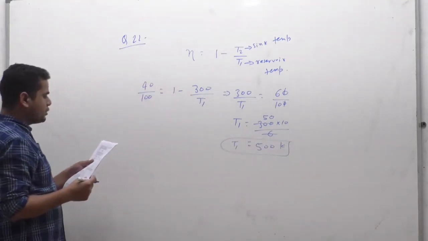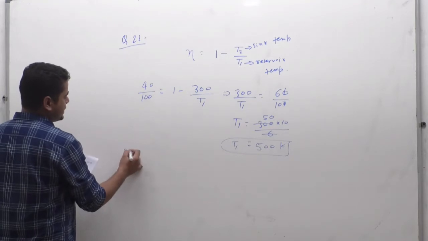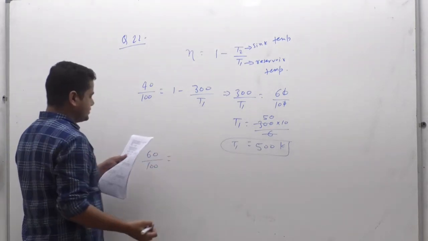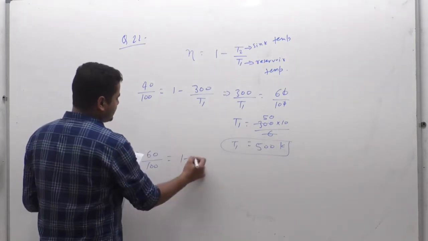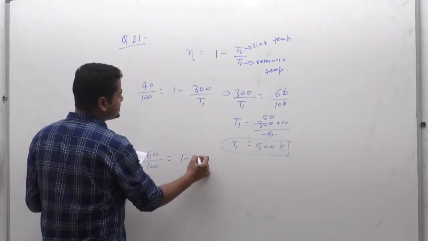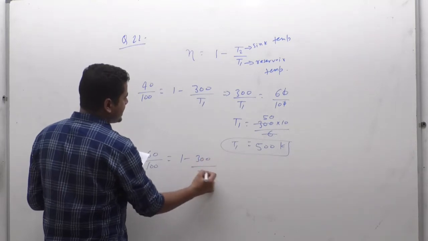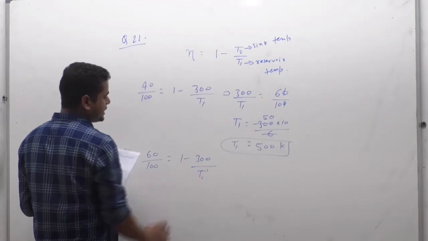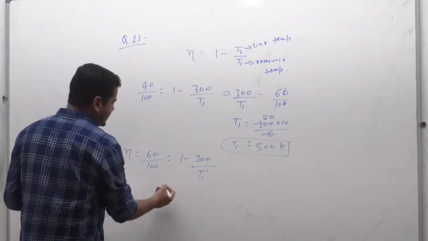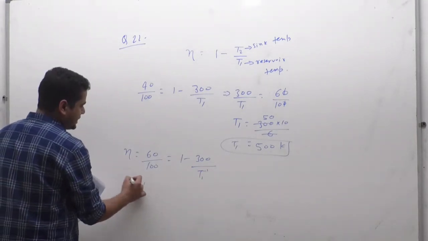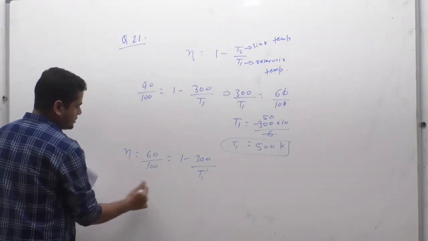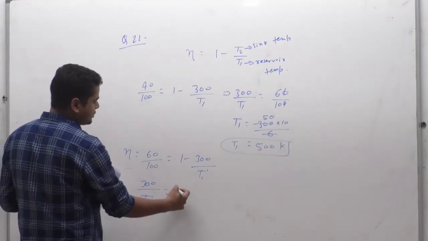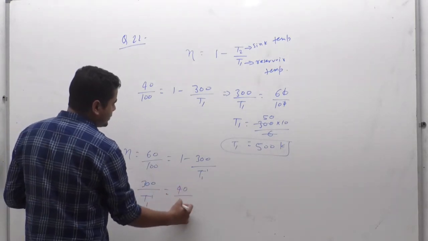Next, for increasing efficiency to 60%. Now efficiency is 60%, so you can write 60 upon 100 is equal to 1 minus sink temperature, which does not change. So sink temperature will be the same, 300 upon, let us assume, the reservoir temperature becomes T1 dash, correct. So from this expression we will calculate T1 dash. 300 upon T1 dash equal to 1 minus 60 upon 100, which is equal to 40 upon 100.